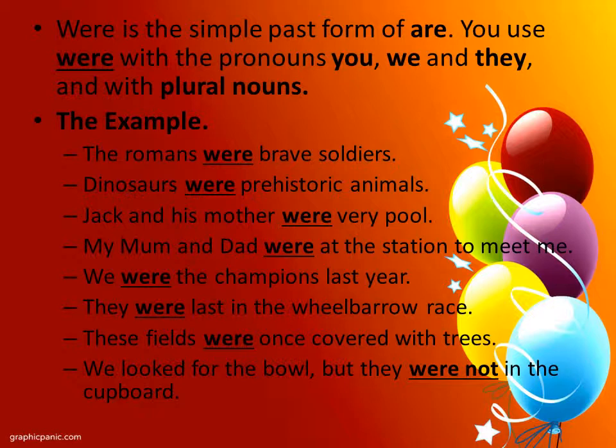My mom and dad were at the station to meet me. We were the champions last year. They were last in the wheelbarrow race. These fields were once covered with trees. We looked for the balls, but they weren't in the cupboard.